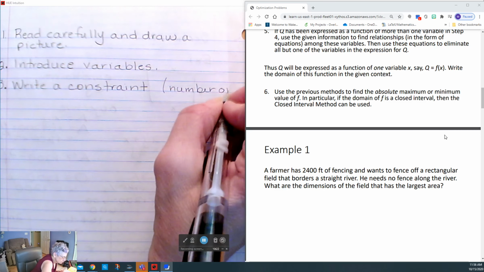Something you can take a derivative of. Then you're going to use your constraint to rewrite the objective with just one variable in it.